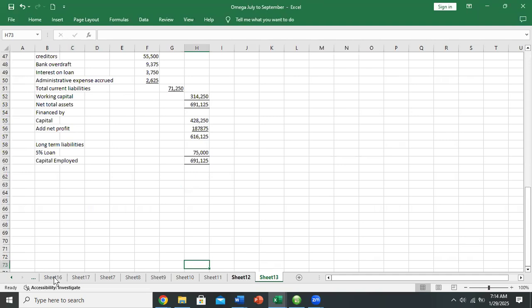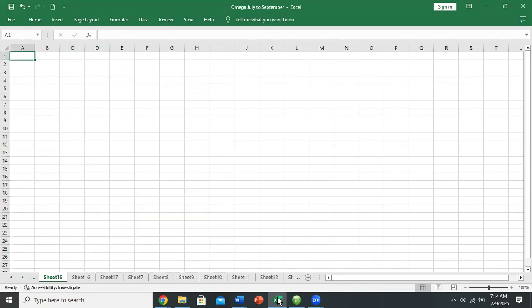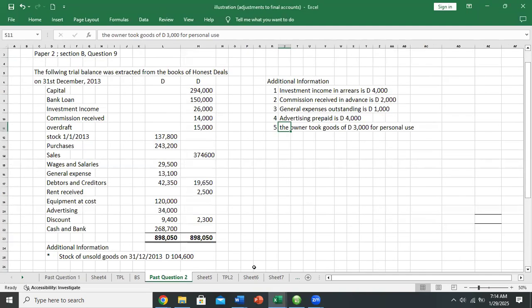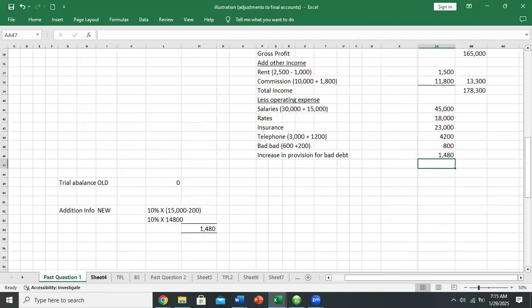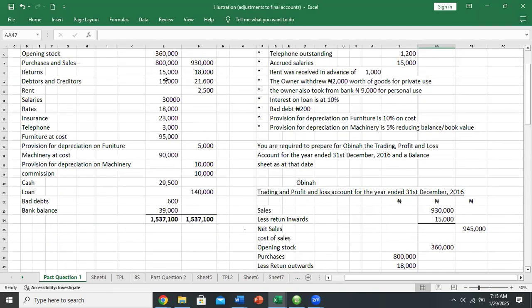I wanted us to see that. But I think you appreciate that in that scenario, there was a bad debt in the additional information. So you see, we were multiplying the 10% by our debtors figure 50. But because there was a bad debt in the additional information, we deducted that.